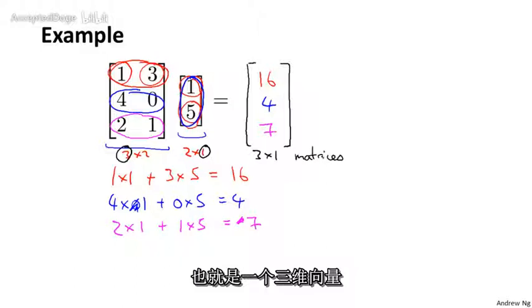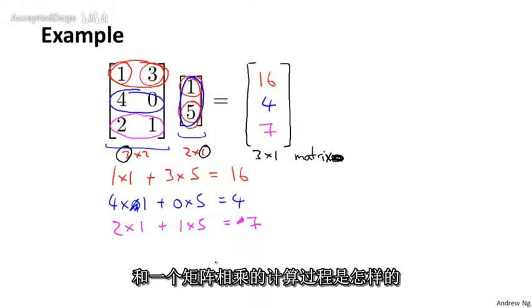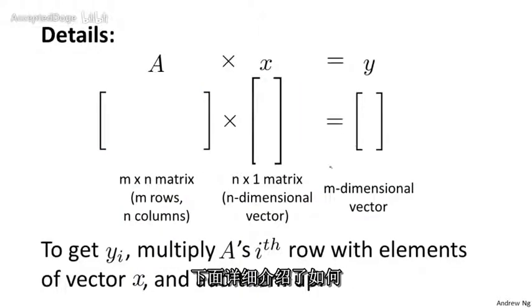In other words, a 3 by 1 matrix is just a three-dimensional vector. I realize that I did that pretty quickly, and you're probably not sure if you can repeat this process yourself, but let's look in more detail at what just happened and what this process of multiplying a matrix by a vector looks like. Here are the details of how to multiply a matrix by a vector.